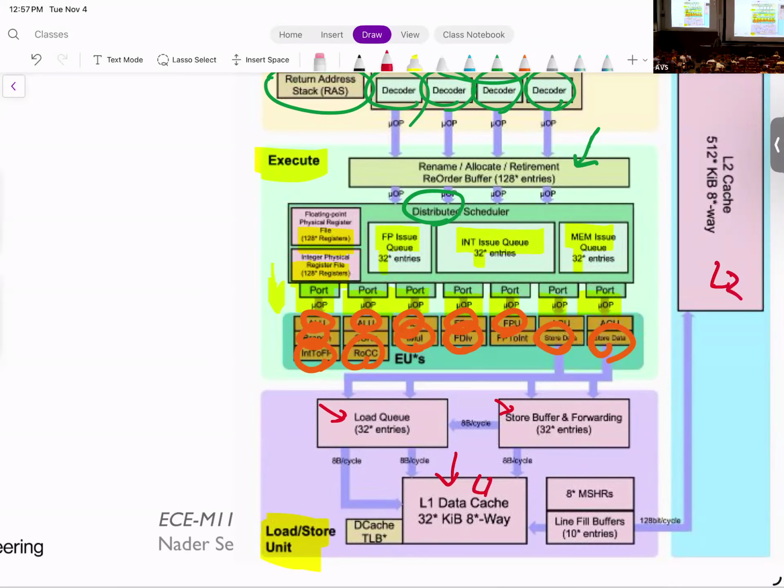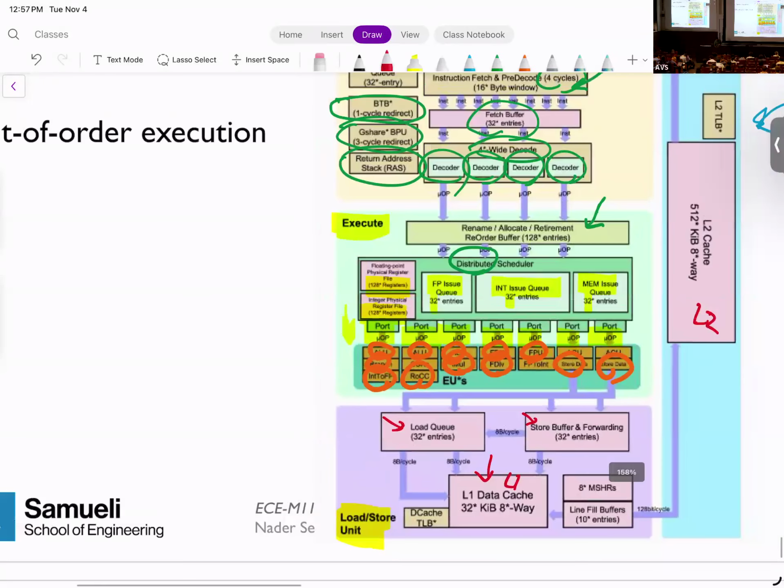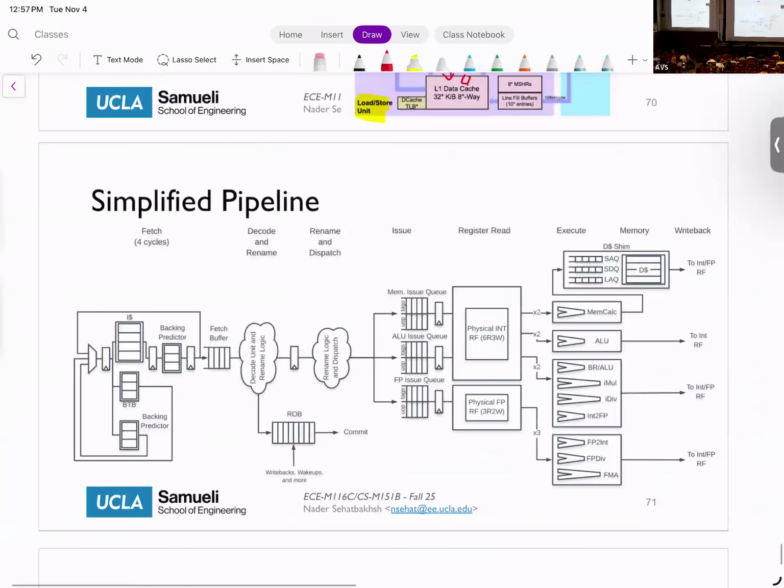So this is their design of an out-of-order pipeline processor, which you hopefully can understand all parts of. This is also their pipeline stage design. They have fetch, decode, rename, dispatch, issue, read, execution, memory, and write back.